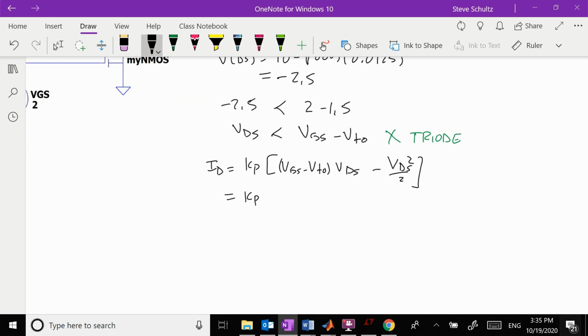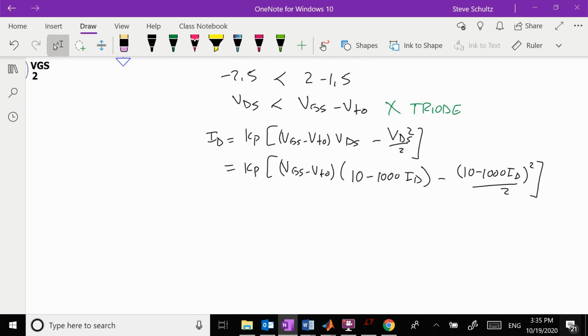So this is going to be KP times (VGS minus VTO). And then my VDS was 10 minus 1,000 times ID, minus (10 minus 1,000 times ID) squared over 2. Plug in the values that I have.